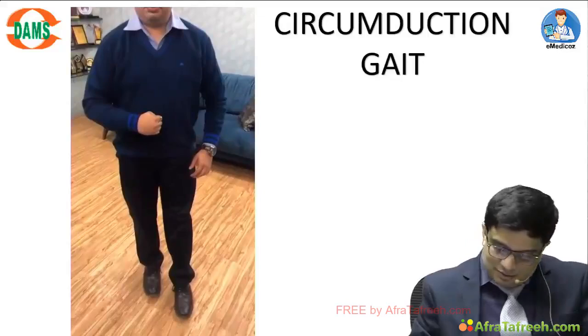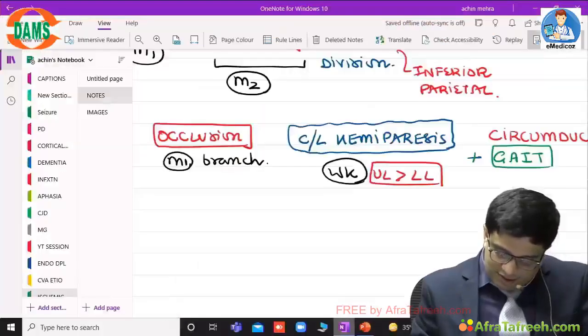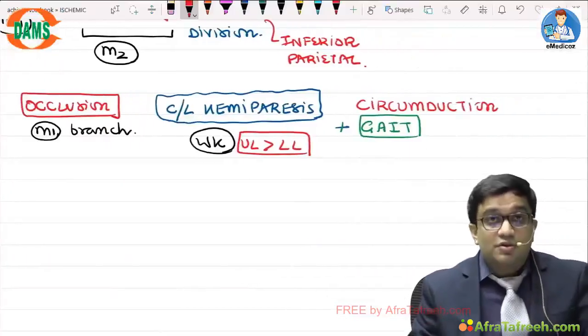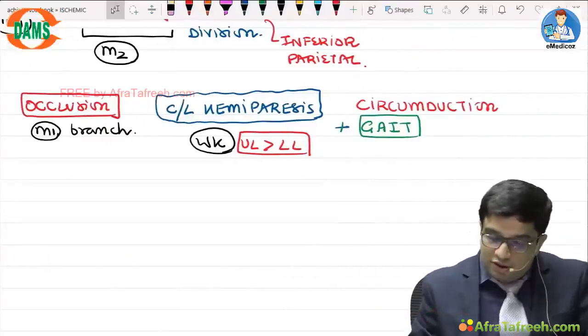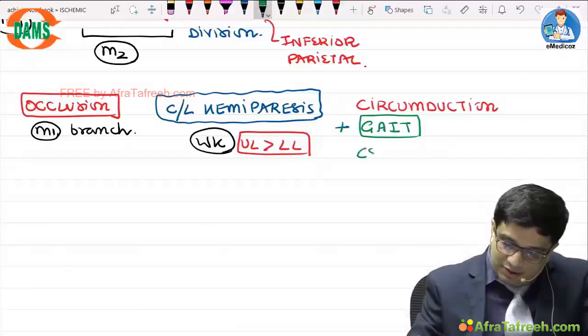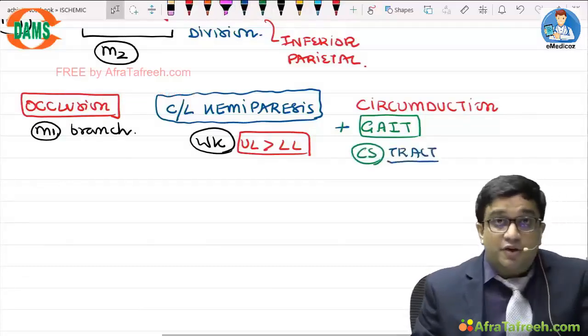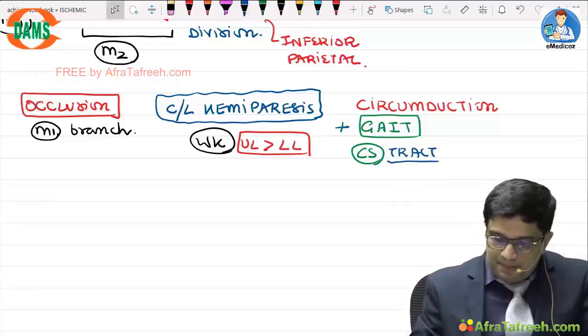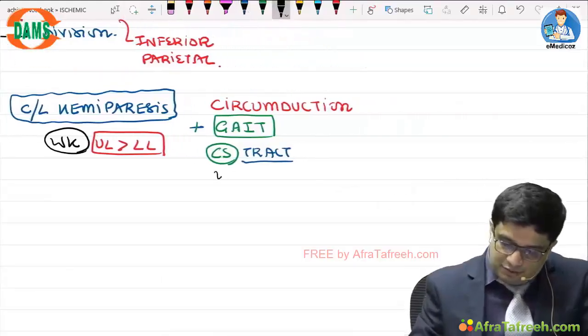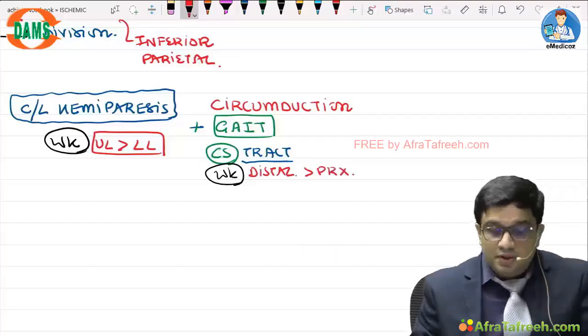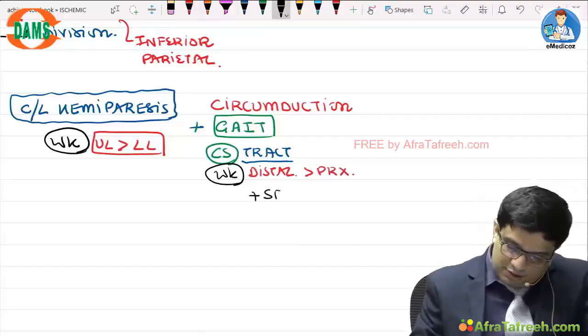Okay, so let me put this on again: in a UMN lesion, due to involvement of the corticospinal tract, we found in our patient the weakness was more distal than proximal, along with spasticity phenomena.